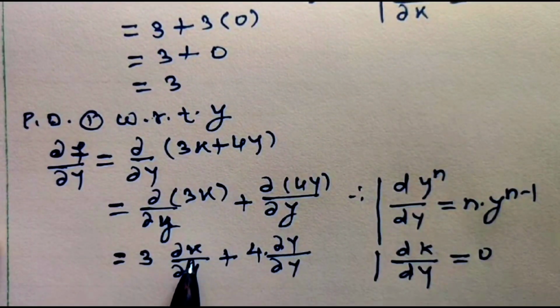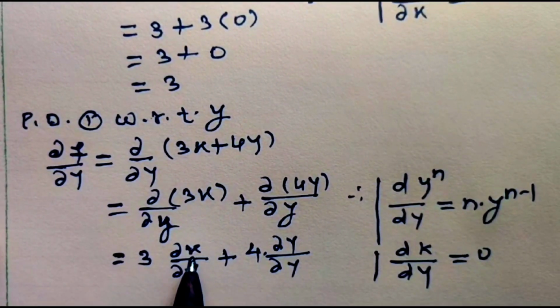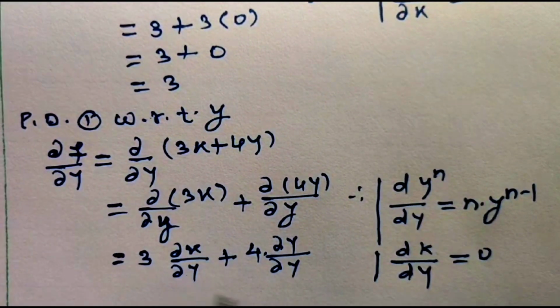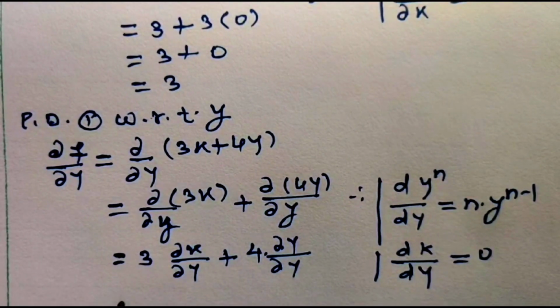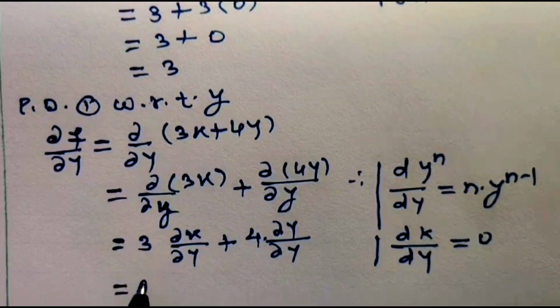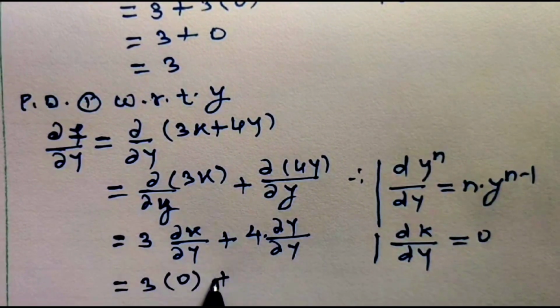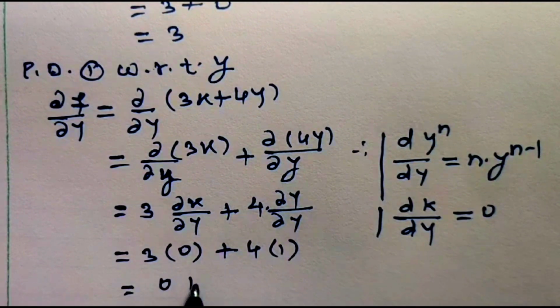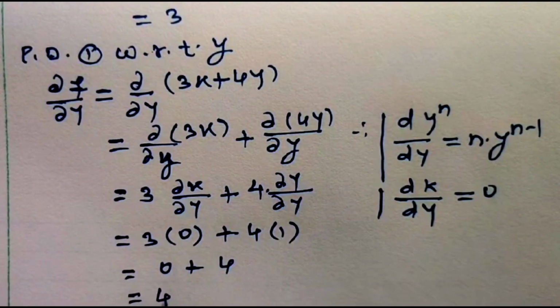So derivative of x with respect to y, x is constant because we are differentiating with respect to y, so this becomes 0. Derivative of constant is 0, and here dou y by dou y is equal to 1. So this is equal to 3 into 0 plus 4 into 1, which is equal to 0 plus 4, and this is 4 only.